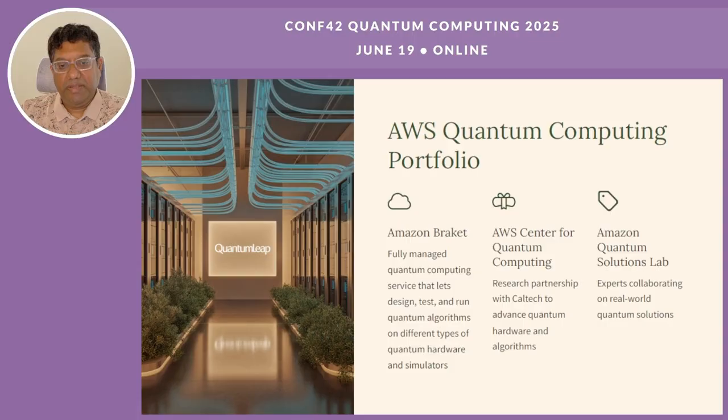It is a fully managed quantum computing service that lets you design, test, and run quantum algorithms on different types of quantum hardware and simulators. AWS Center for Quantum Computing is a research partnership with Caltech to advance quantum hardware and algorithms. Under Amazon Quantum Solutions Lab, they help various organizations solve quantum computing challenges.